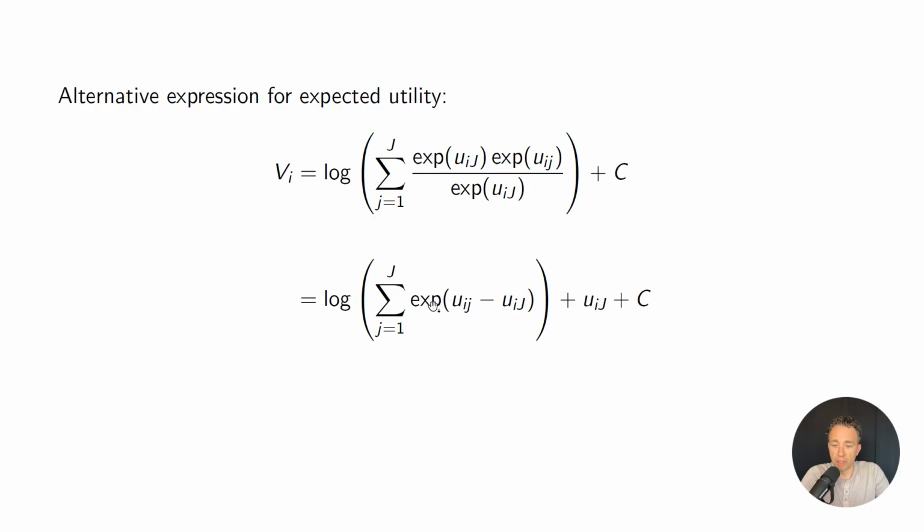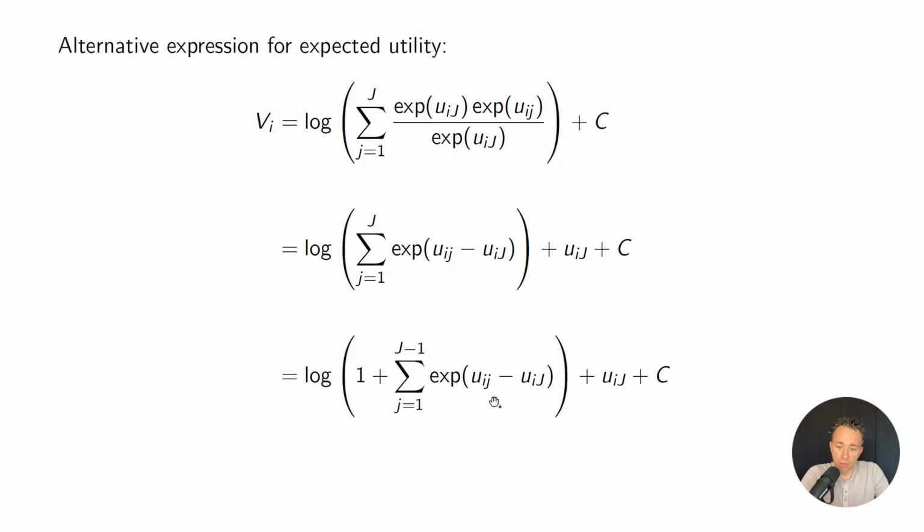And then we have, by properties of exponentials, the exponentiated difference in utilities between u_ij and u_iJ. And then if we're imposing a normalization, just have the summation going from j equals 1 to capital J minus 1 and deal with it this way. So all of these are equivalent depending on which normalization we're making.